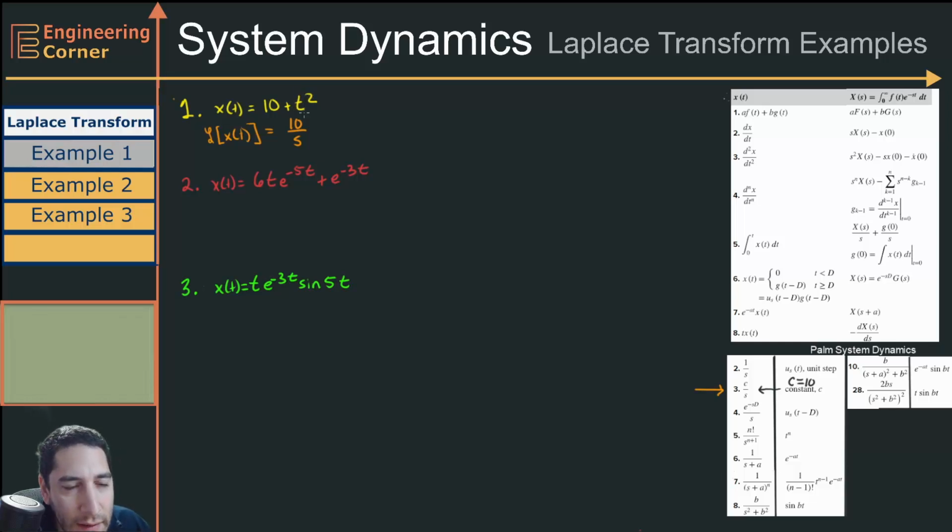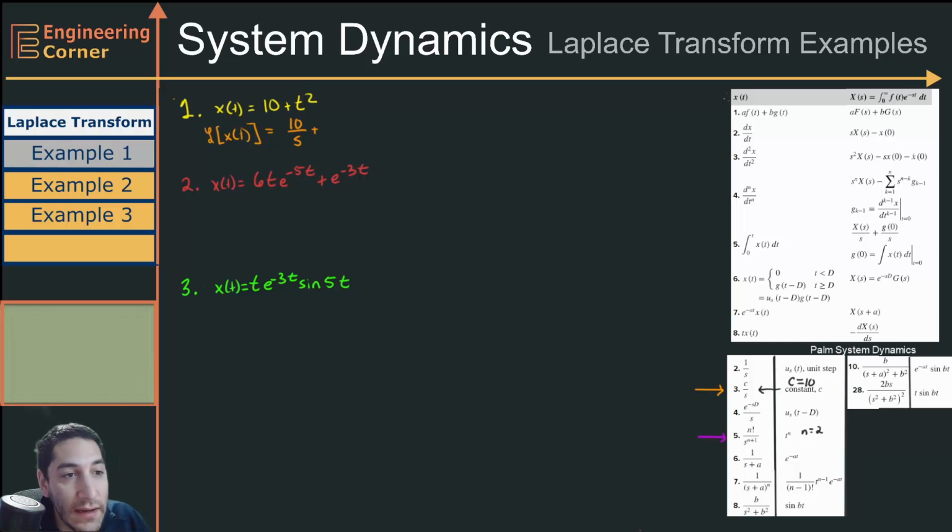And now we look at this second term right here. Well, what's going on here? We have a t squared. So let's look at our functions. And it looks like entry number 5 will be useful. With entry number 5, if we have n equal to 2, then 2 factorial is equal to 2, and s to the n plus 1, so it's s to the third.